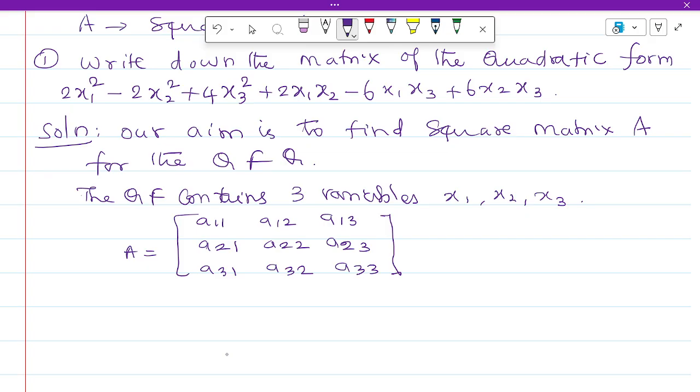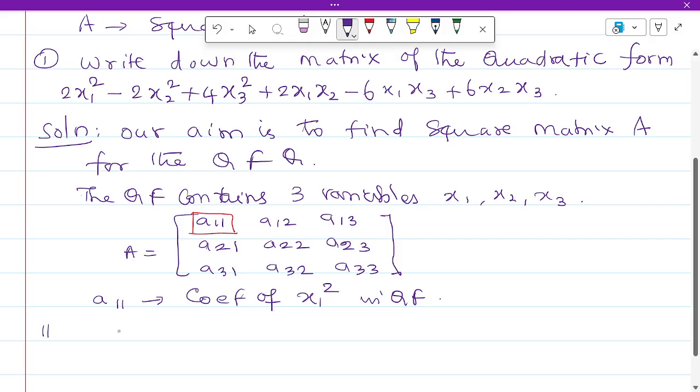Now listen, carefully write. The coefficient of A11 is the coefficient of x1 square in the quadratic form. This position is A11, that will be the coefficient of x1 square in quadratic form.